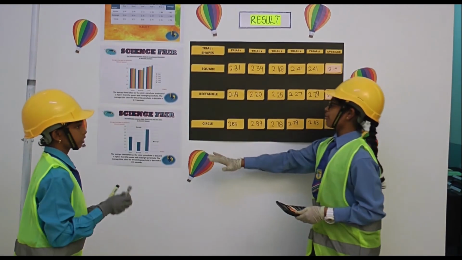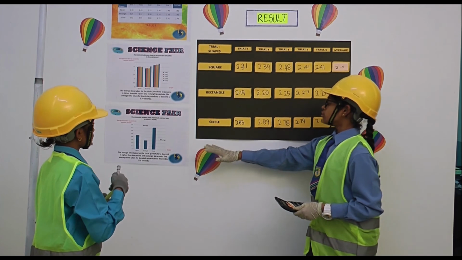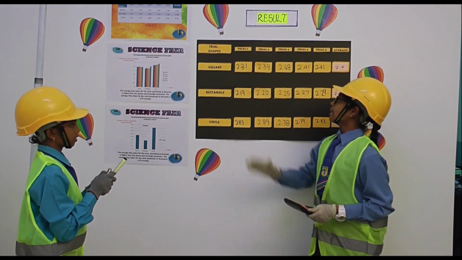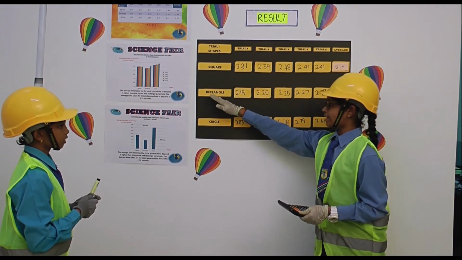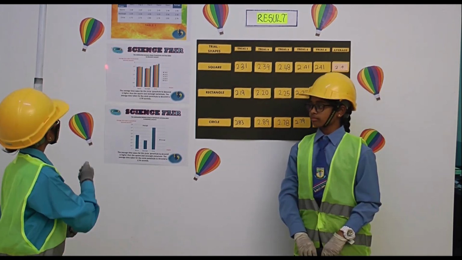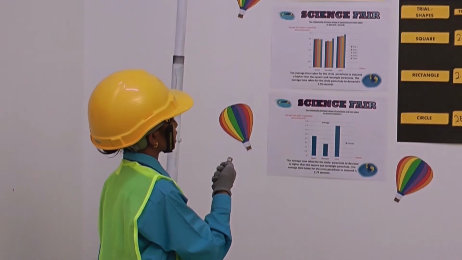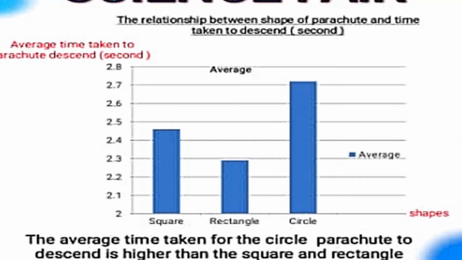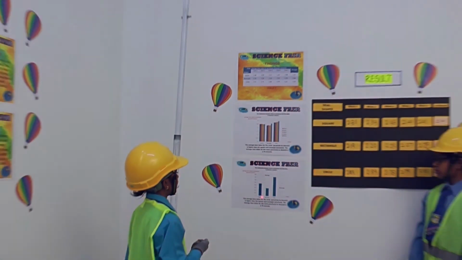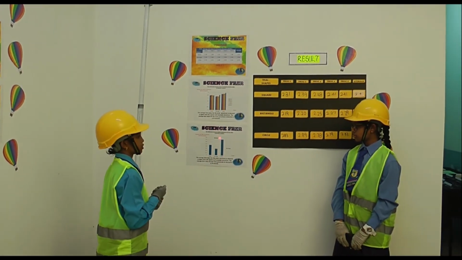The average time of the circle parachute is 2.84 seconds. It's higher than the square and rectangle parachutes. This is the graph that we took from our previous experiment. If you see here, the circle has the longest average time, then square and rectangle parachutes.